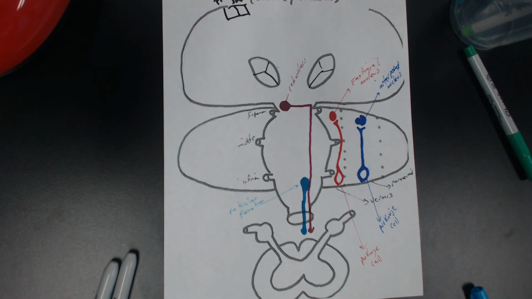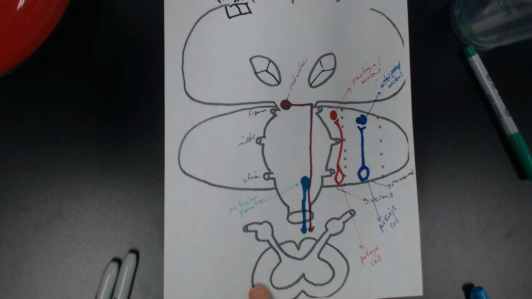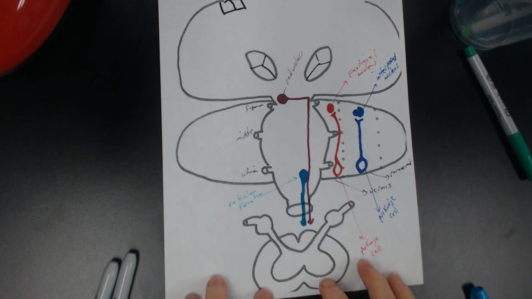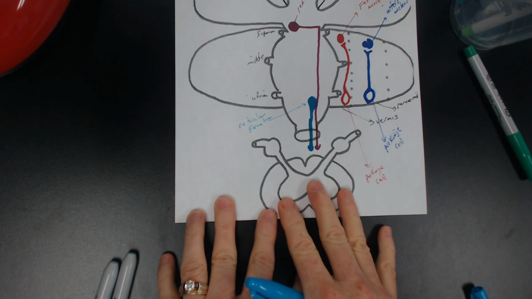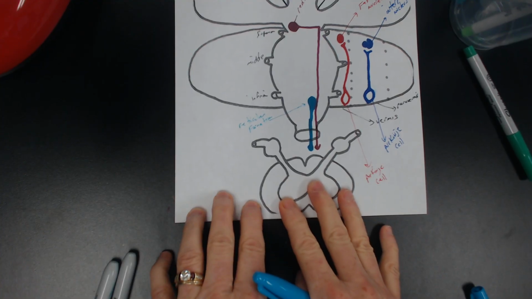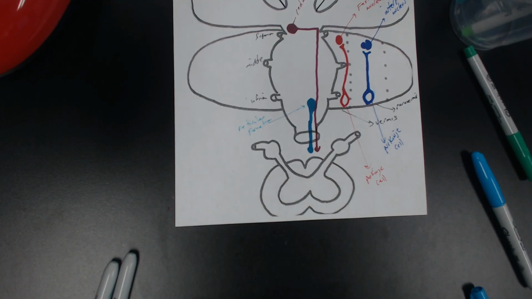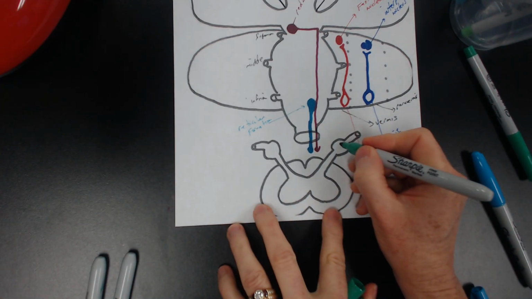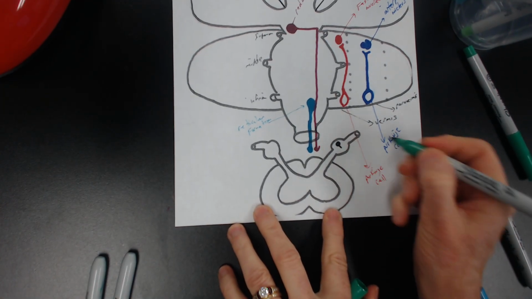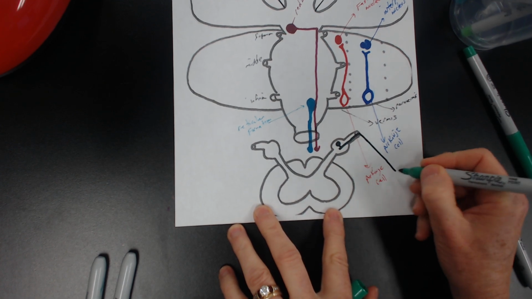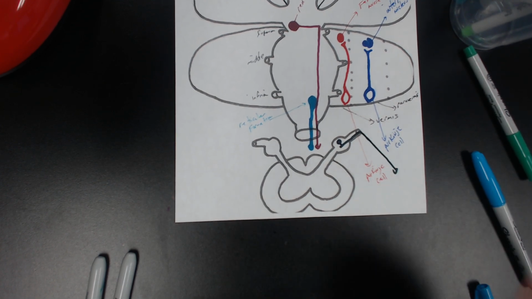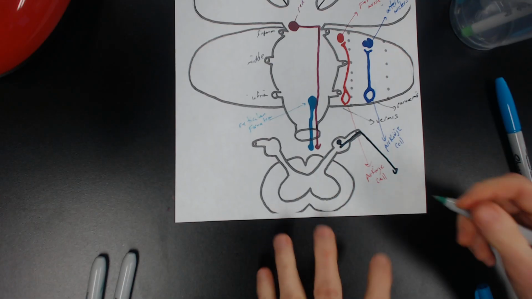This is going to be your dorsal spinocerebellar tract. If we scroll down to the bottom, this is my cross section of the spinal cord. I'm going to have my first order sensory neuron sitting right here, and it's going to detect information about non-conscious proprioception for trunk and extremities.